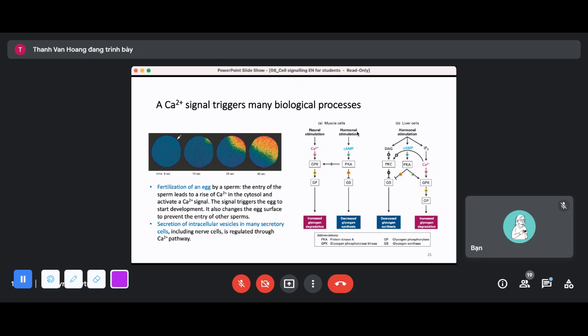On the other hand, or in addition, actually, hormonal stimulation induces the synthesis of cyclic AMP. Cyclic AMP activates protein kinase A. Protein kinase A also goes in this direction to stimulate glycogen hydrolysis.